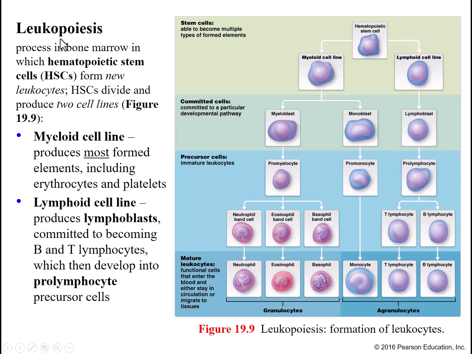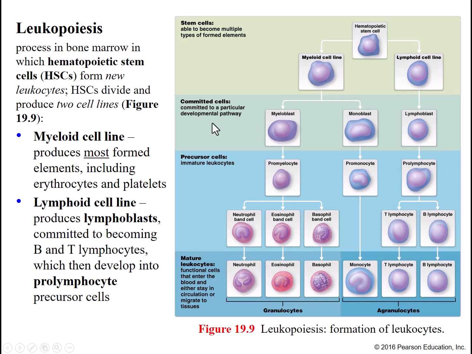Here is leukopoiesis. So again, it starts with a hematopoietic stem cell, which has growth factors or colony stimulating factors that push them either into the myeloid or lymphoid line. Out of the myeloid cell, you get all of the granulocytes and our monocytes. Out of the lymphoid line, you get the 2 lymphocytes.